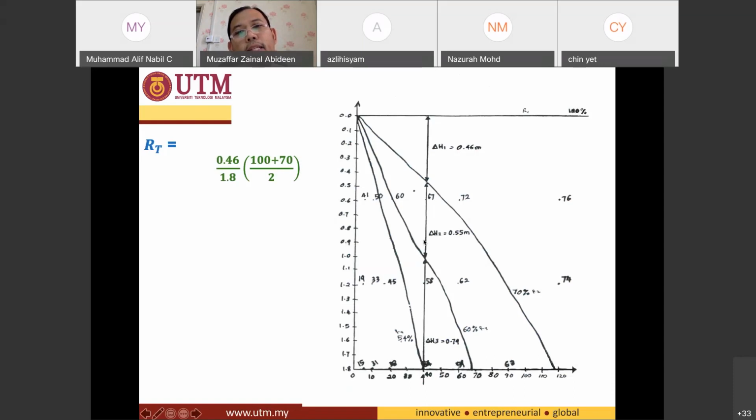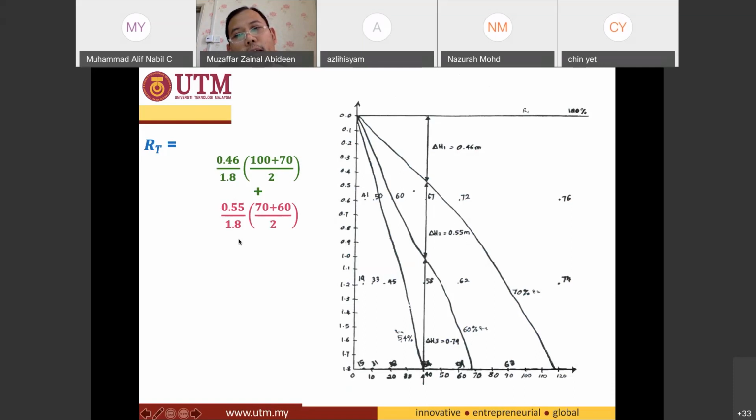The next one is this distance, delta H2, 0.55 divided by 1.8, and this line is 70 and the third line is 60, so 70 plus 60 divided by 2.